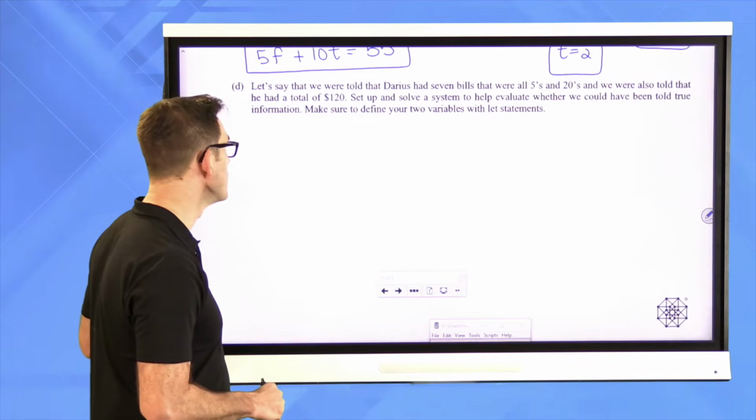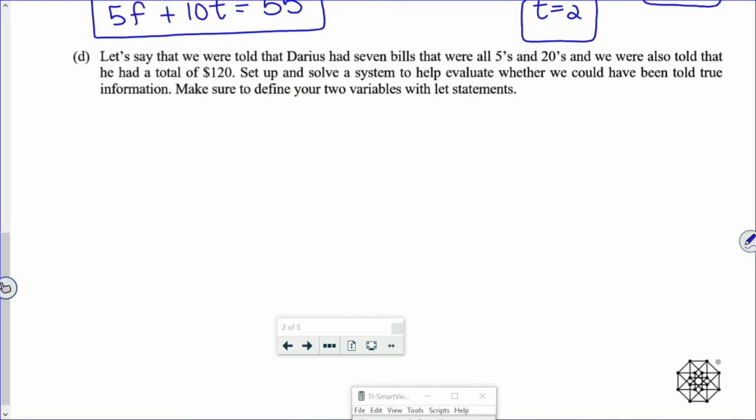Let's take a look at letter D. Let's say that we were told that Darius had 7 bills that were all 5s and 20s, and we were also told that he had a total of $120. Set up and solve a system to help evaluate whether we could have been told true information. Make sure to define your two variables with let statements.